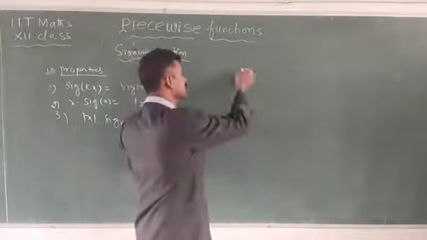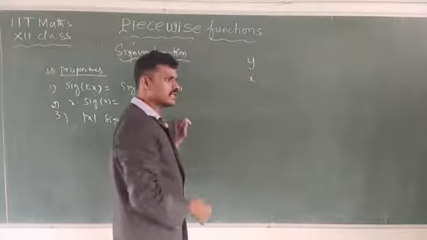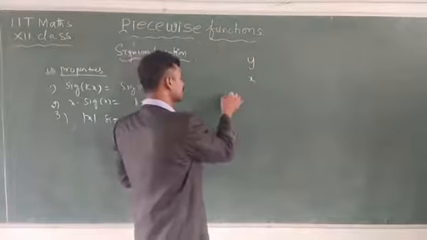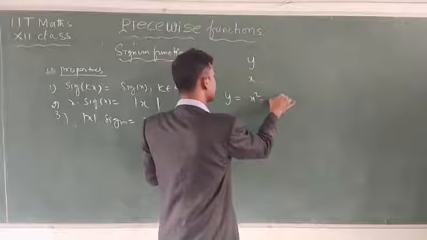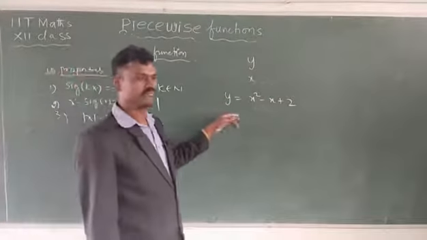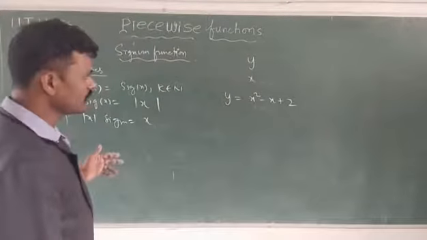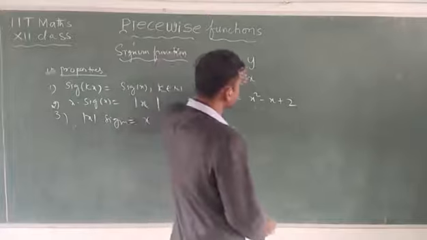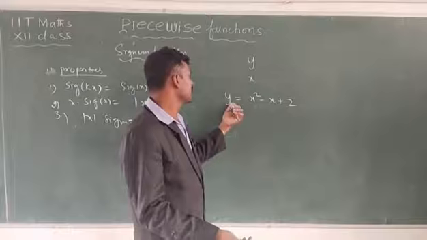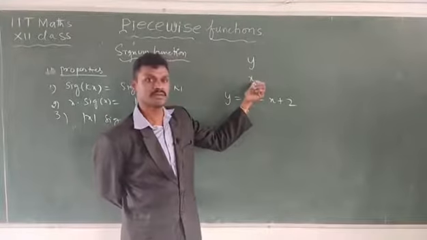Explicit function means here the dependent variable is y and the independent variable is x. The dependent variable is expressed in terms of x, means y is equal to x square minus x plus 2. This is the explicit function. Implicit function means here both independent variable and dependent variable are in combination. The dependent variable is not expressed in terms of the independent variable.